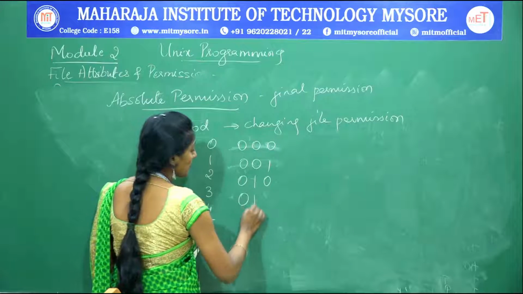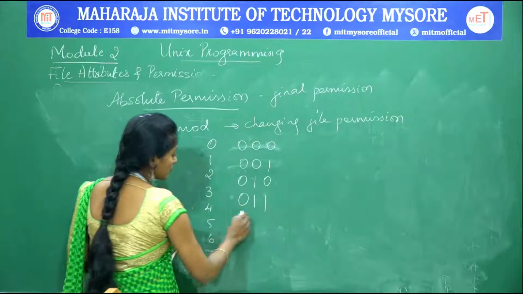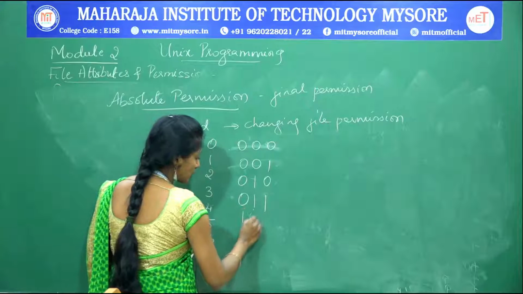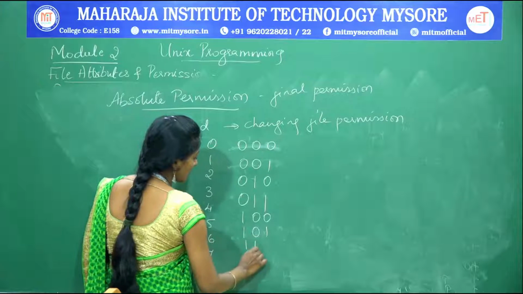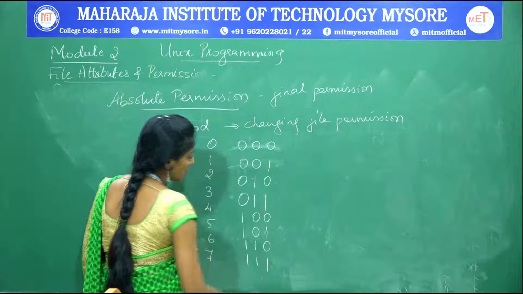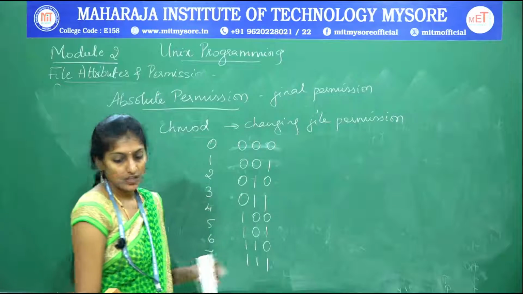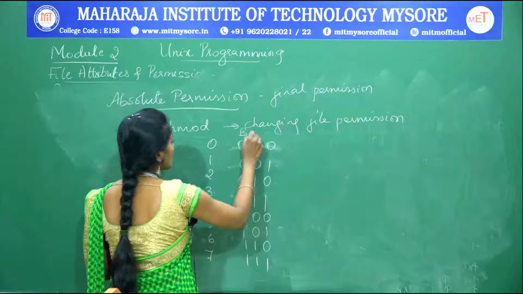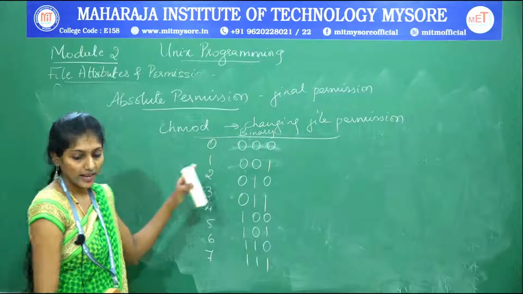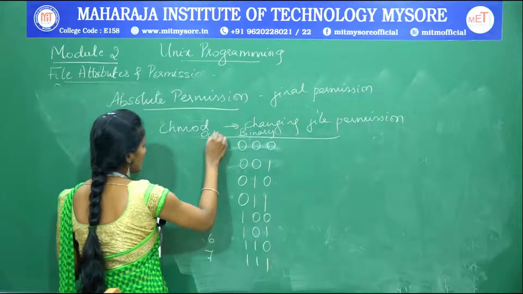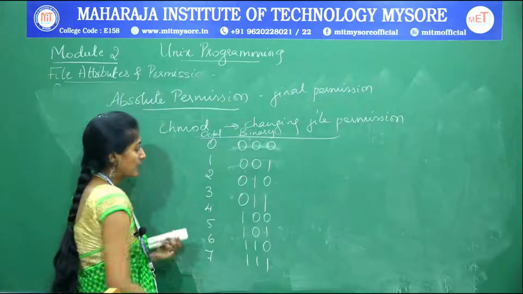For 3 it is 2 power 1 plus 2 power 0, that is 0 1 1. For 4 it is 2 power 2, that is 1 0 0. For 5 it is 1 0 1. For 6 it is 1 1 0. For 7 it is 1 1 1. So this is the binary representation, and these are the octal digit values.